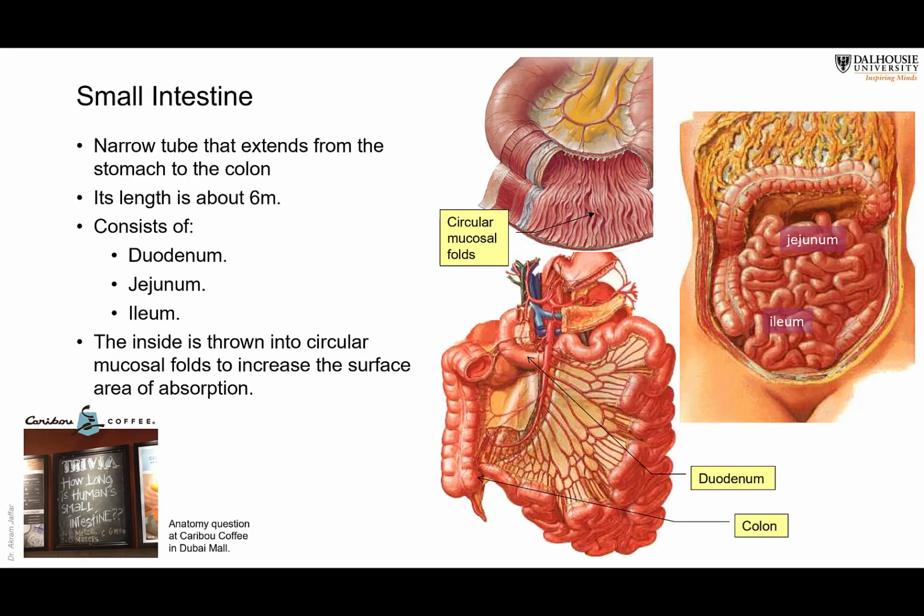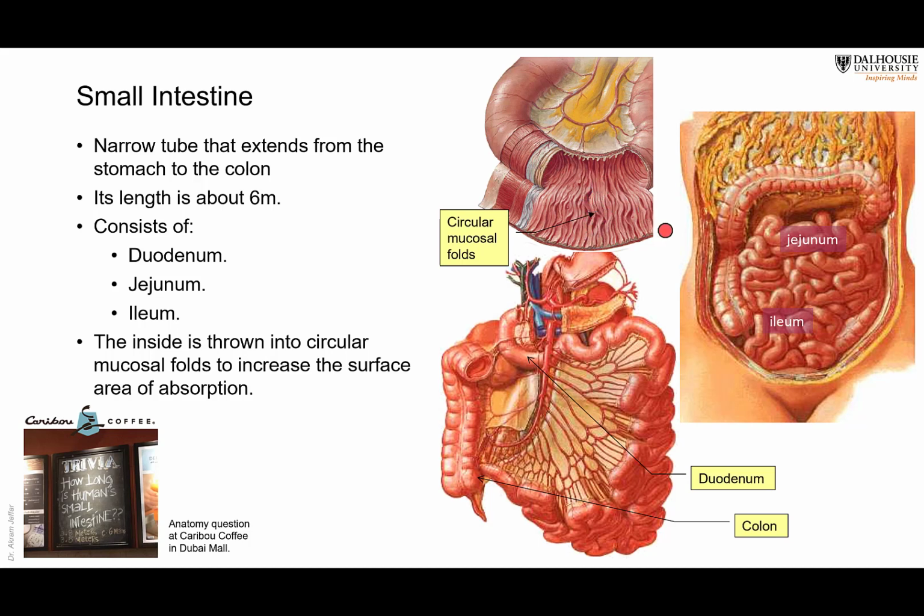The small intestine is a narrow tube. It's about 6 meters in length, and consists of 3 parts. The duodenum, which is the first part, is C-shaped, and then we have the jejunum, and then the longer ileum, which ends into the large intestine, into the cecum. And the inside of the small intestine, as you can see here, is thrown into circular folds.